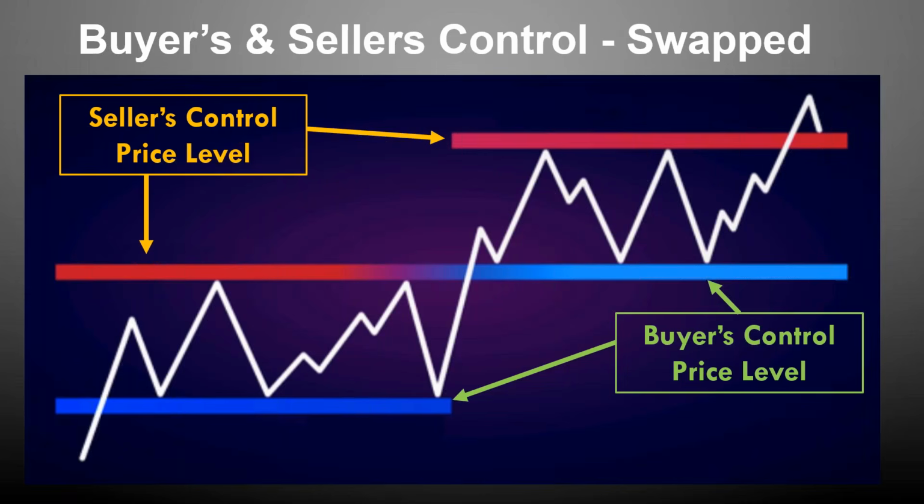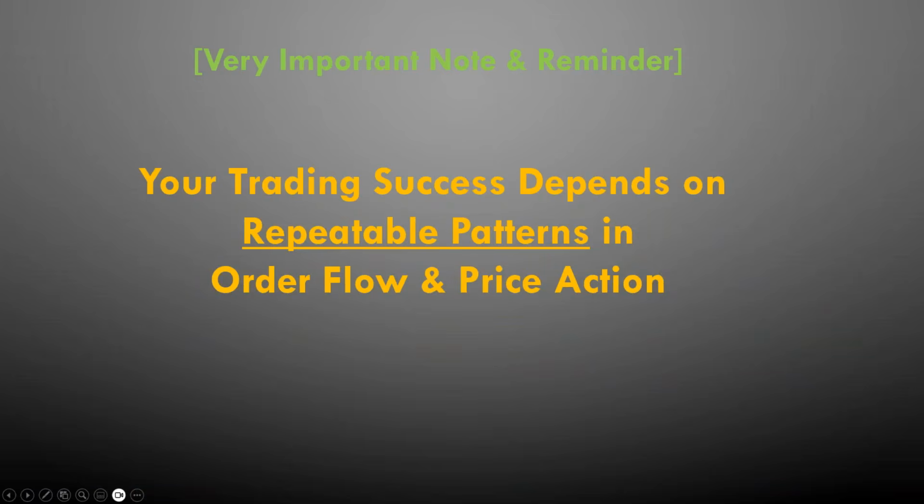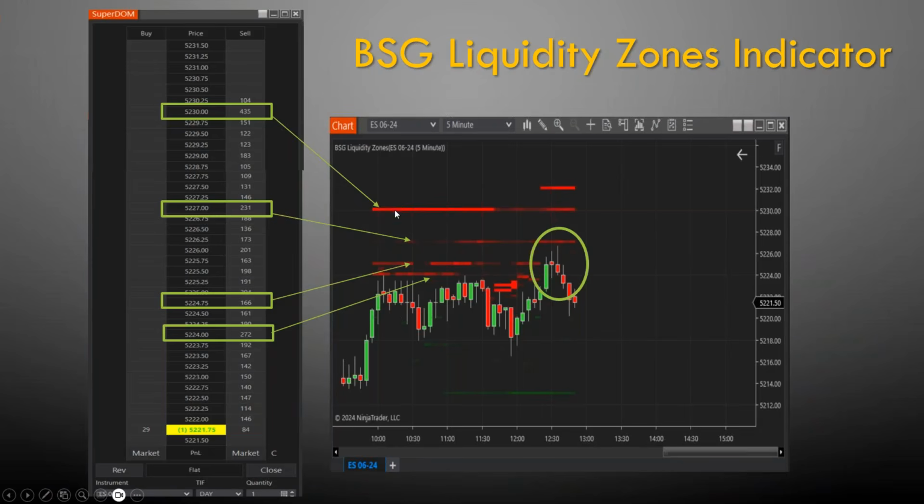Now let's look at it in a little more detail. We did see these lines, right? These lines are sellers' control, in terms of a lot of orders coming in at these levels, and the greens are buyers' control. Not only those lines, you can see the brightness of the red increasing or decreasing.